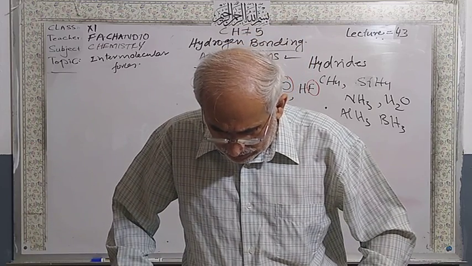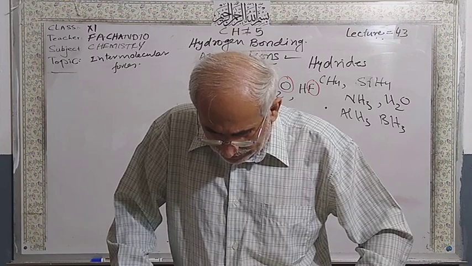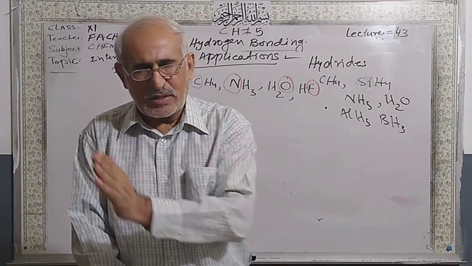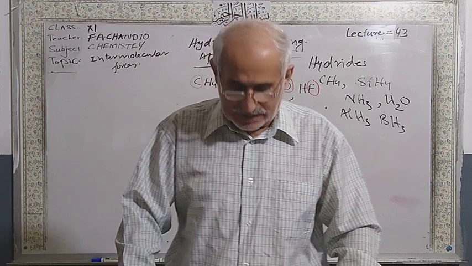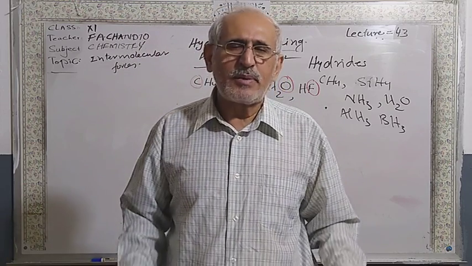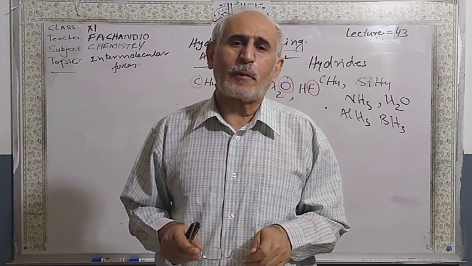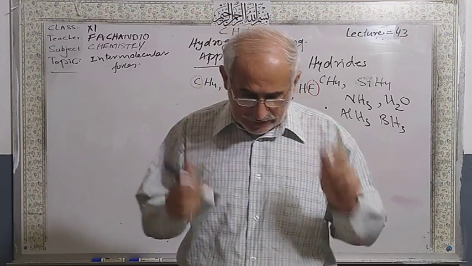But if you go from hydrogen sulfide to hydrogen selenide, it slightly increases, and it is going to be 0 degrees Celsius for hydrogen telluride, for the same reason I told you: polarizability increases as we go down the group. Please read very carefully here.